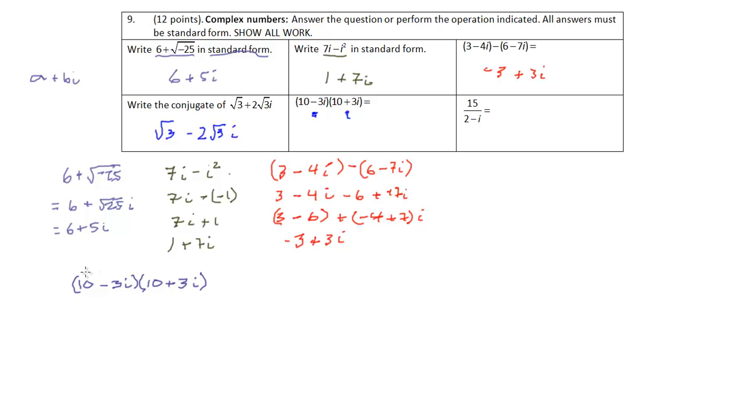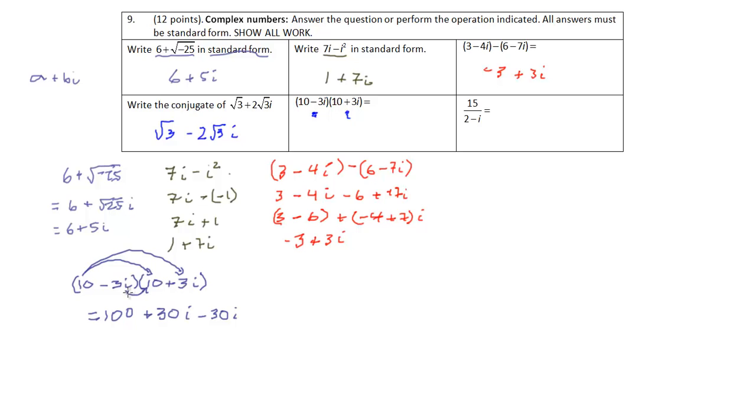It's a FOIL process, if you will. We do 10 times 10, which is 100. 10 times 3i, which is 30i. Now, minus 3i times 10, which is minus 30i.